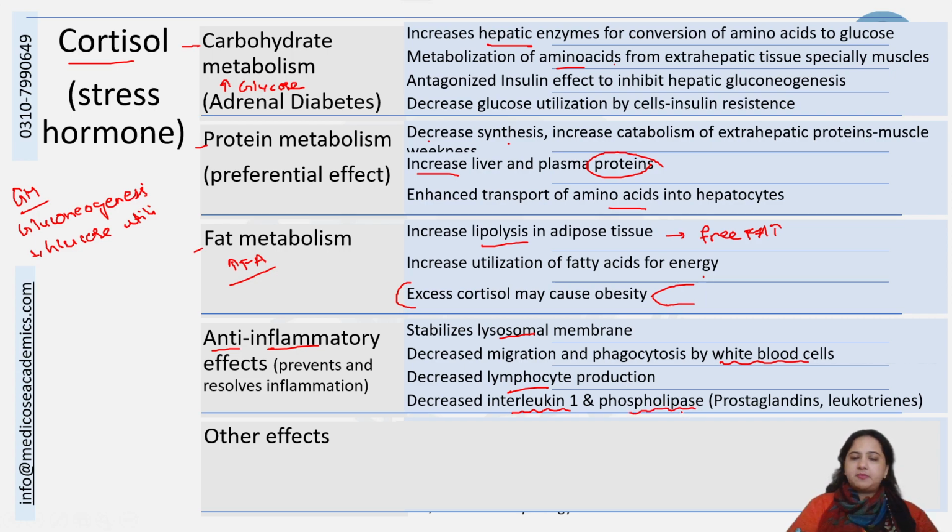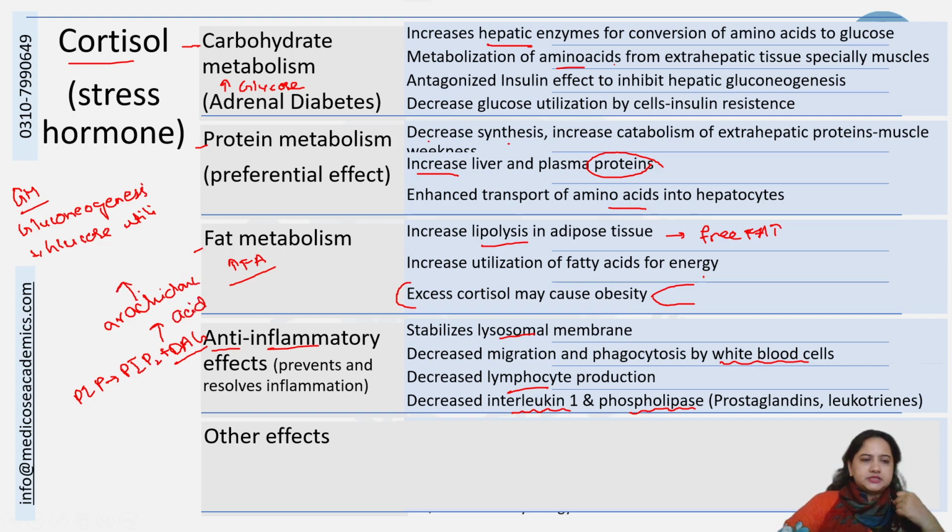Phospholipase is inhibited. We discussed in our first lecture, phospholipase in the cell membrane can lead to production of phosphoinositol diphosphate and diacylglyceride, and this is a precursor for arachidonic acid, and arachidonic acid metabolism can lead to production of prostaglandins and leukotrienes.